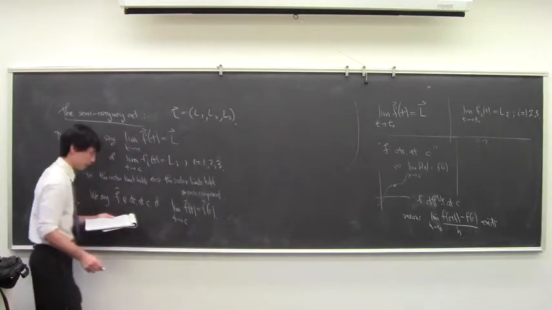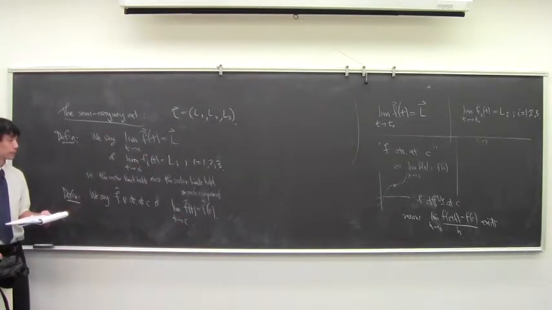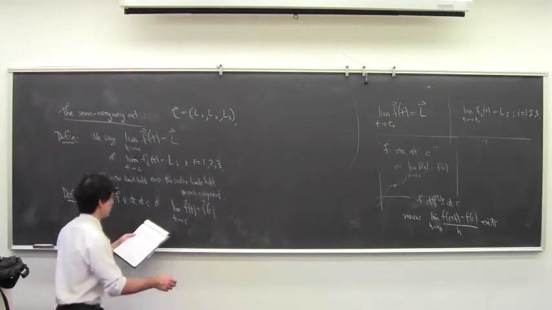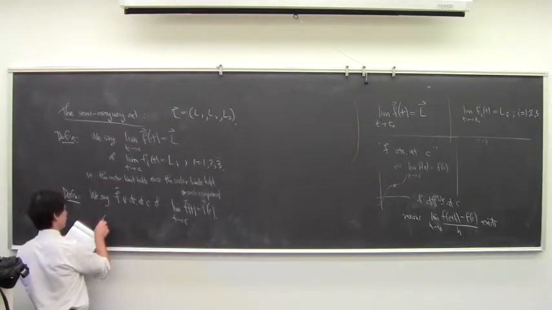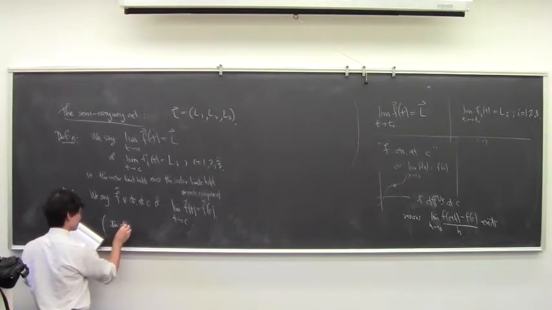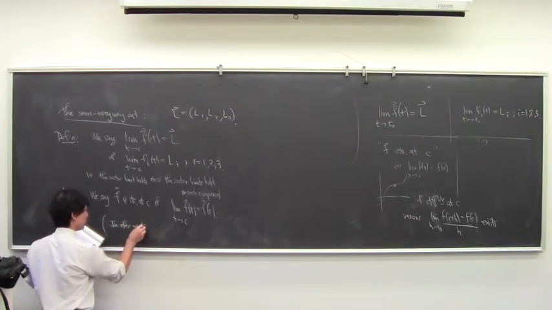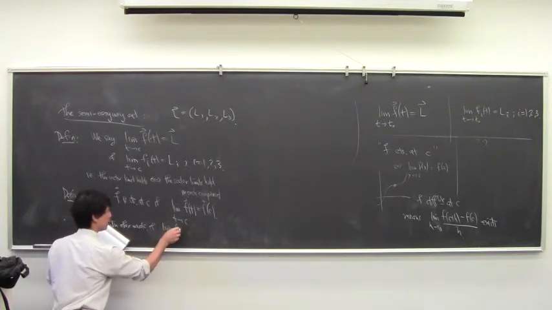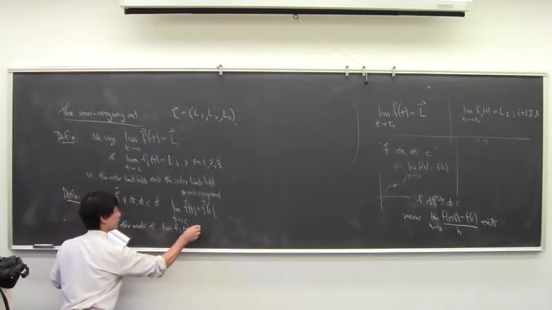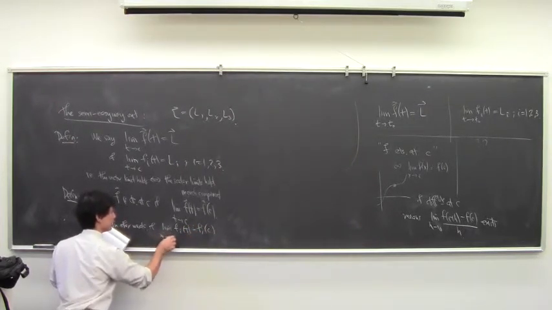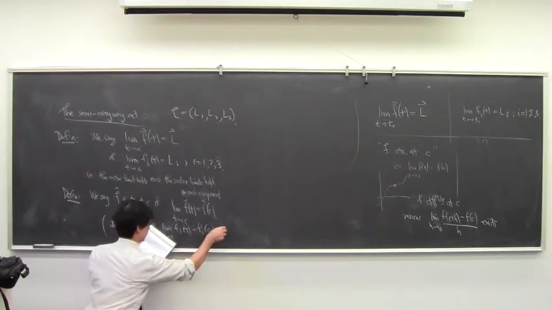If the function's behavior at c is predictable. In other words, if the limit of f_i of t is f_i of c as t approaches c for i equals 1, 2, 3.